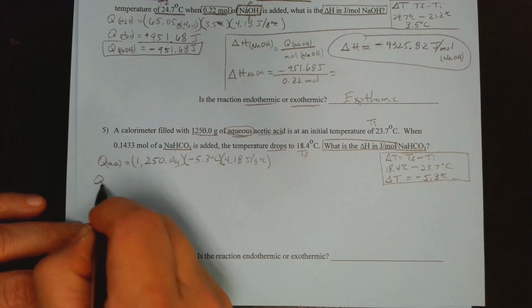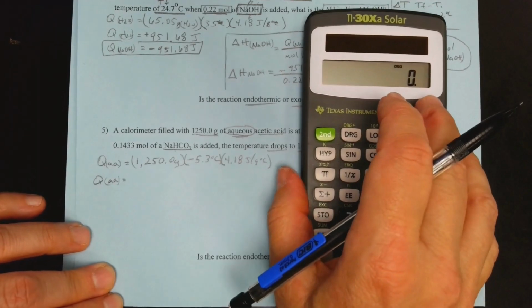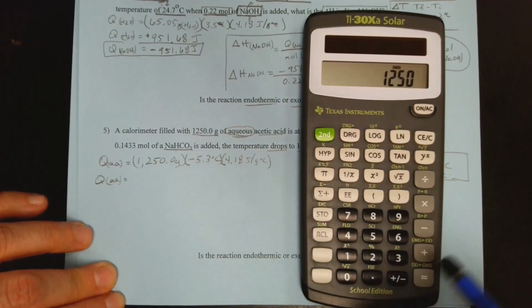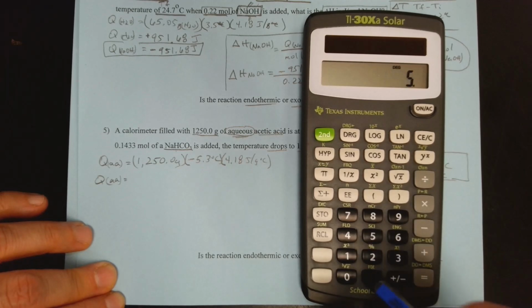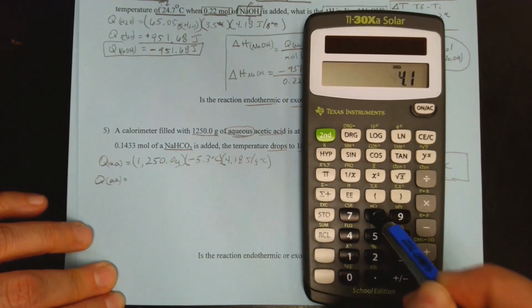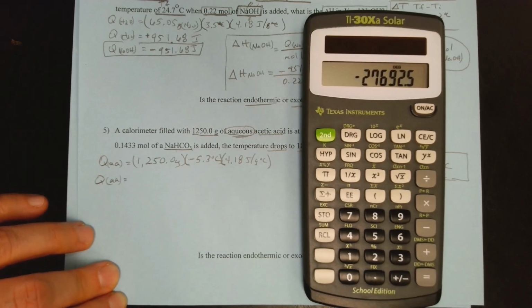Let's plug this all in: 1,250 grams times negative 5.3 degrees Celsius times 4.18 joules over gram degrees Celsius equals a Q.